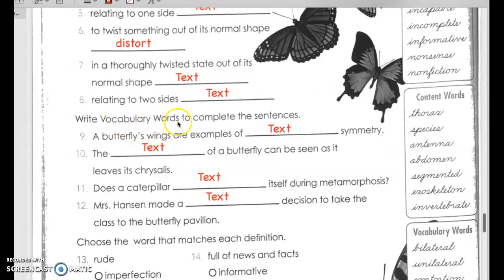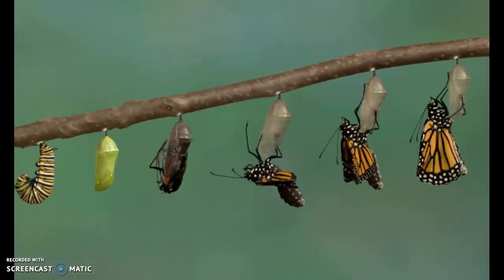Now, write the vocabulary words to complete the sentences. Let's try number 10. The blank of a butterfly can be seen as it leaves its chrysalis. So this is a chrysalis, okay?